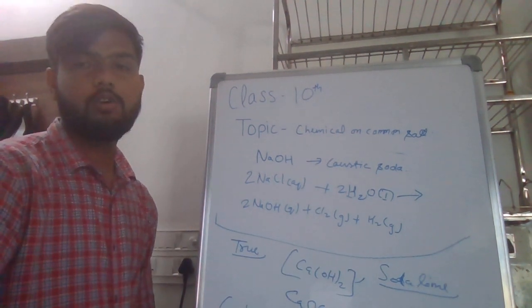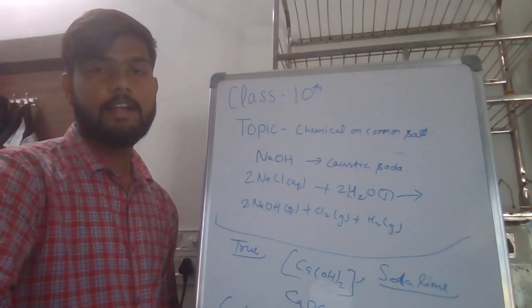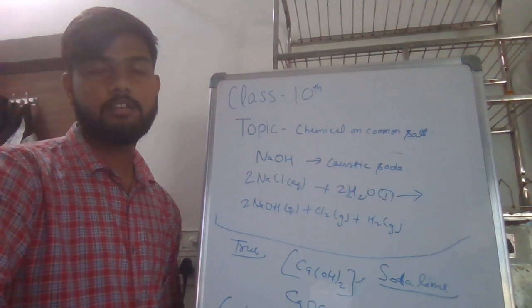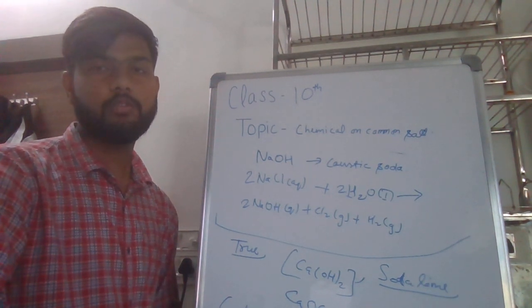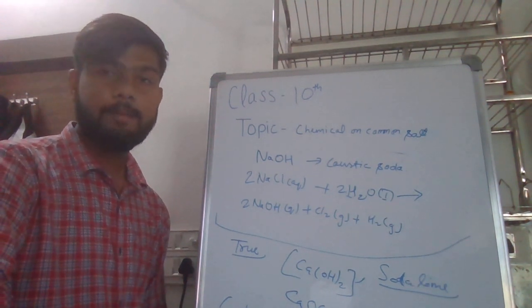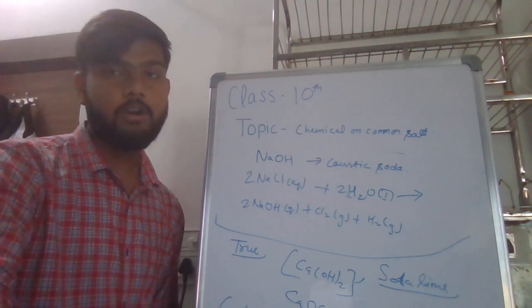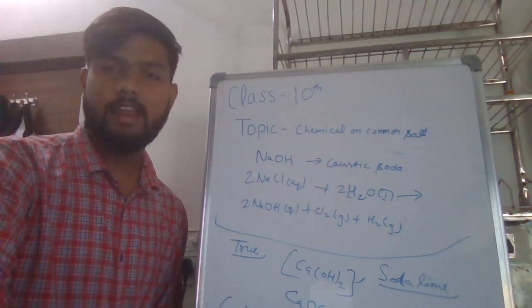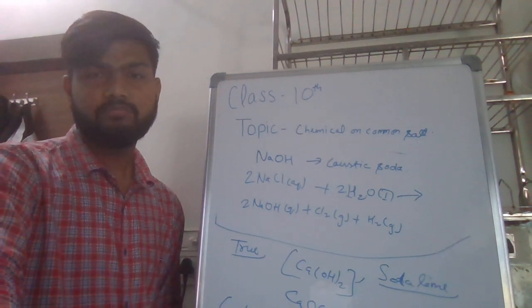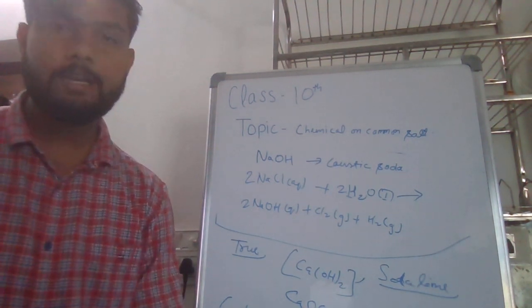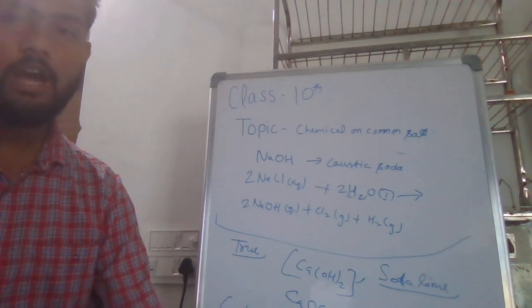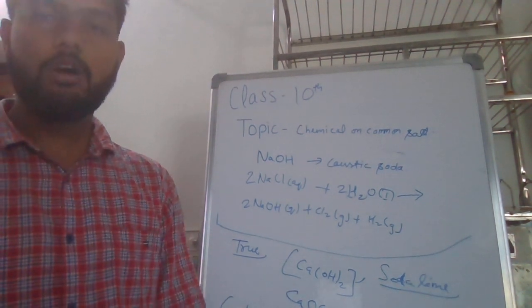So now let's recapitulate the lesson. What we have learned today: chemicals from common salt, caustic soda and bleaching powder. Now let's summarize today's class. We learned that deposits of solid salt are also found in several parts of the world.